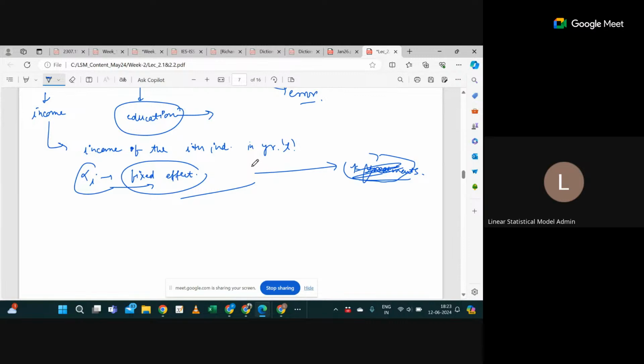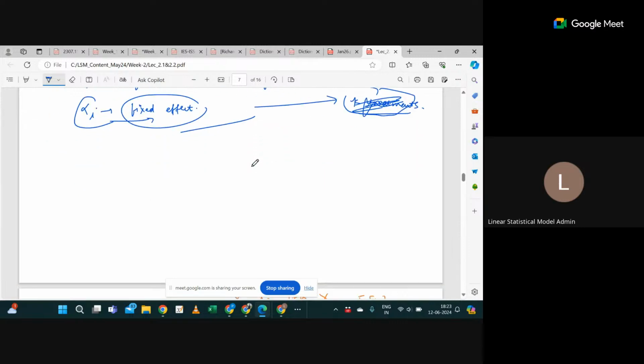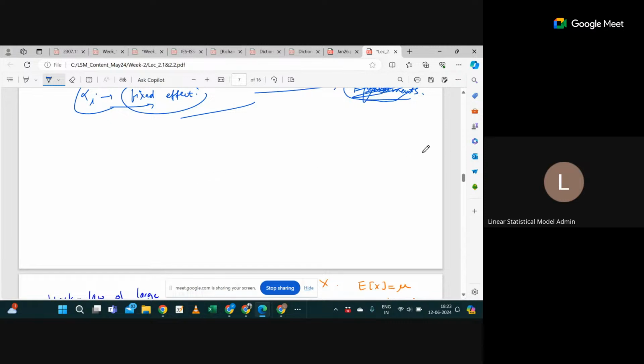Let me write the things so that it will give you the idea. So I was mentioning these k treatments. Suppose I am interested in the effect of, let's say, k different treatments I have.